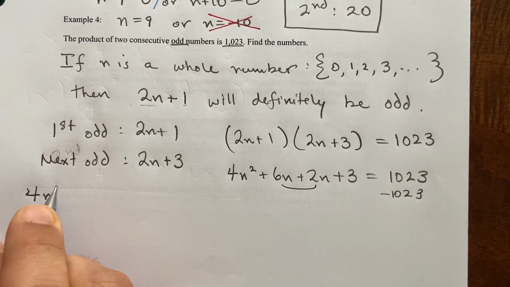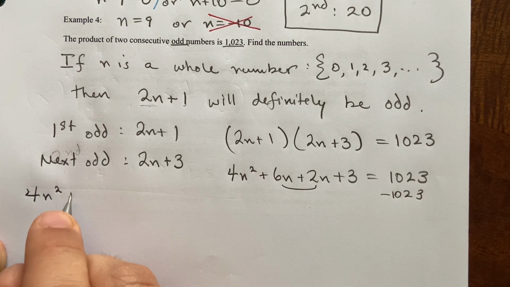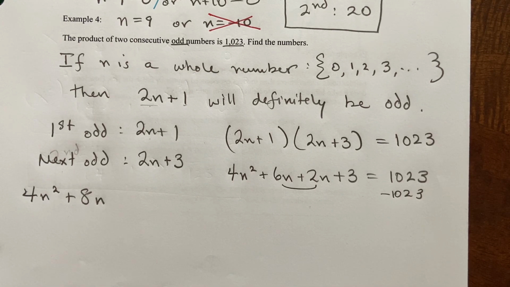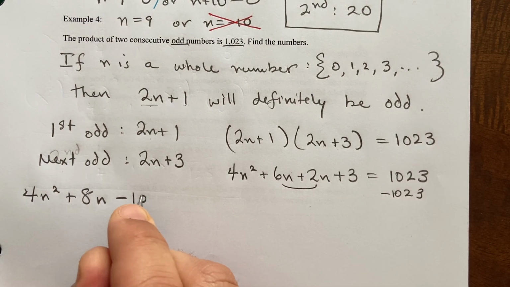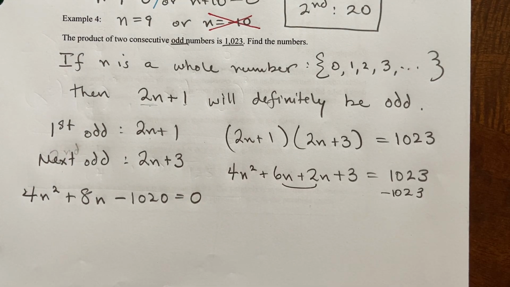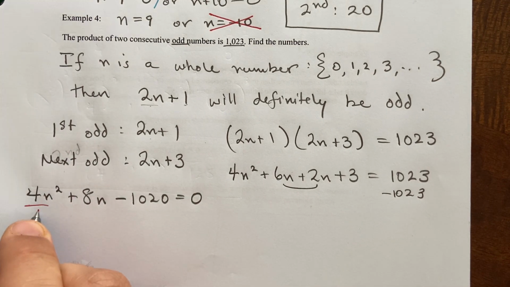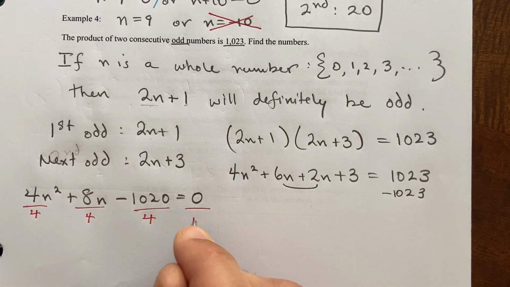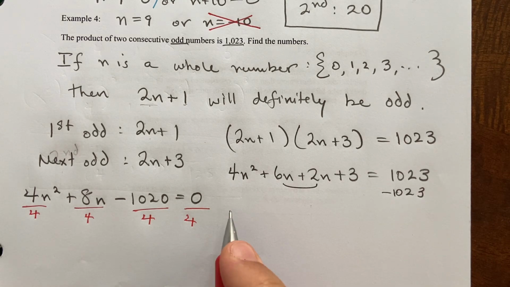So 4n squared plus 8n, and then I'm subtracting 1023 from 3, so I get negative 1020 now equals 0. Looks like I can take a 4 out of everything just to make my factoring or quadratic formula a little more manageable.